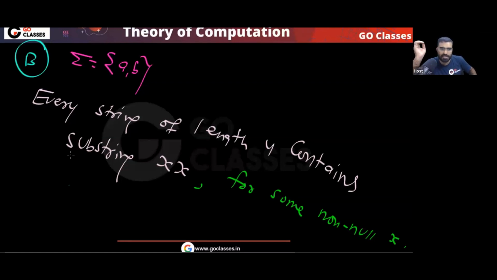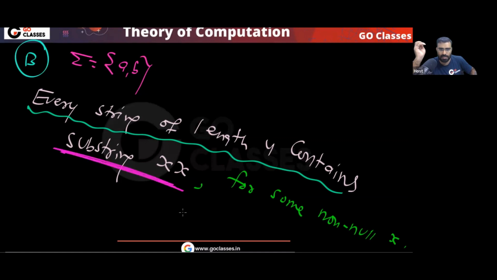First you understand this. We are saying every string of length 4 contains substring xx. So tell me, do we have substring xx here? In this, you can take x equal to a. Yes or no? Here you have xx. Agree or not?